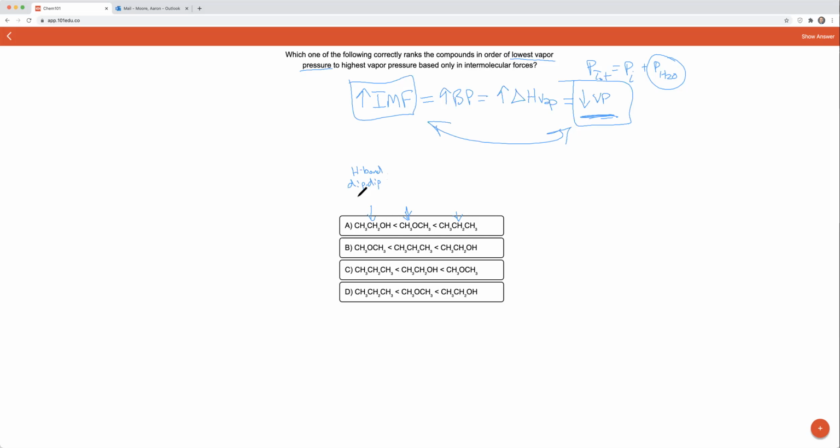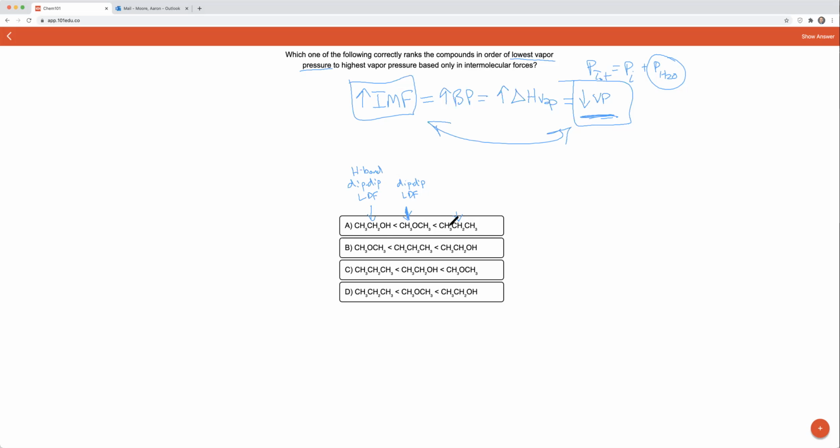And because it has mass, it has London dispersion forces. Well, what about this one right here? This one has an oxygen in it, so it has the dipole-dipole. And it has mass, so it has the London dispersion forces. But there's no oxygen-hydrogen, nitrogen-hydrogen, or fluorine-hydrogen bond, so it does not have hydrogen bonding.